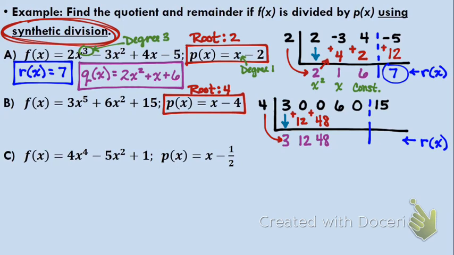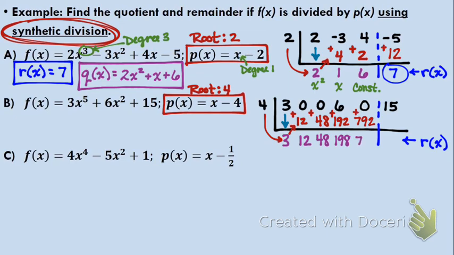What is 48 times 4? 192. And I have to add that. So I have 198 here. Then I have to do 198 times 4. What is 198 times 4? 792.